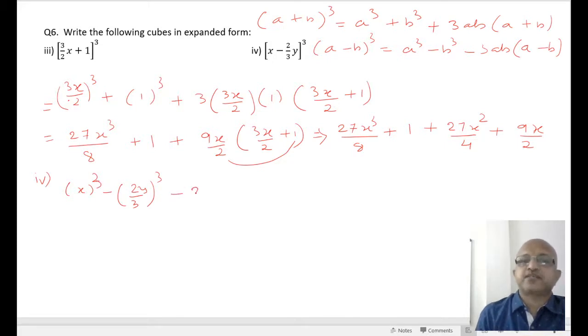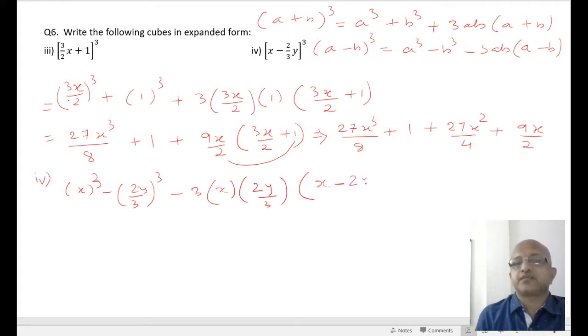Then minus 3 into multiplication of both, that is x into 2y upon 3, and in a bracket both the terms, right? Now see here, this is multiplication. This much is what? Multiplication. So here 3 3 we can cancel it.